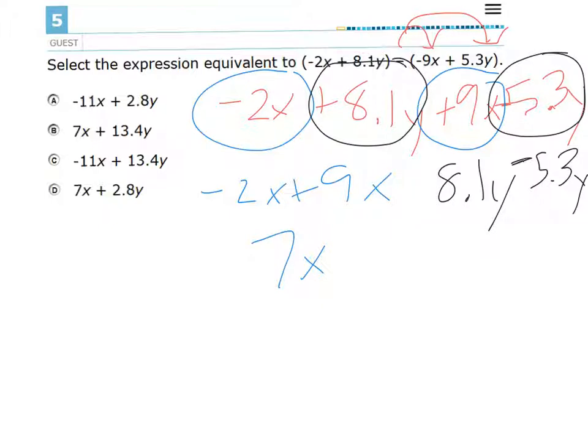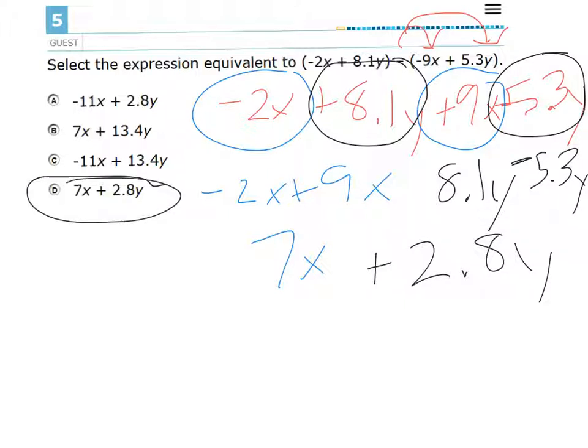So in this case, I have 8.1, and I'm going to subtract the 5.3, and I end up with a positive 2.8y. So now when I'm looking at each possible solution, the only one that makes the most sense is letter D.